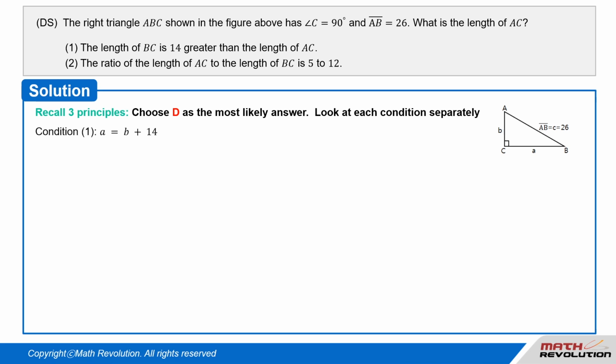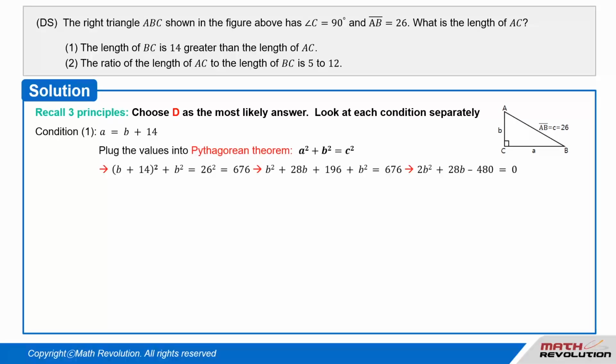Condition 1 tells us A equals B plus 14. If we plug these values into the Pythagorean theorem, A squared plus B squared equals C squared, we get (B plus 14) squared plus B squared equals 26 squared. That is 676.